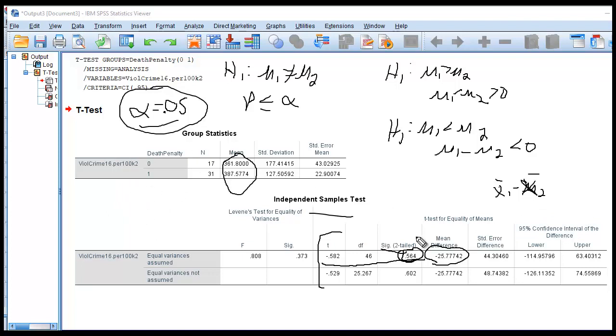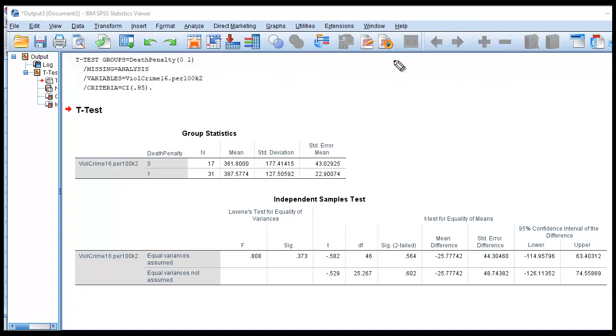Now, if I was testing a directional hypothesis, then let's say I was laying out my hypothesis and assumed, for whatever reason, that the mean violent crime rate in the no death penalty states would be greater than that in the death penalty states.